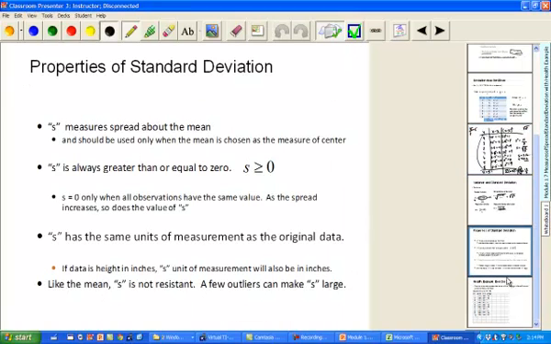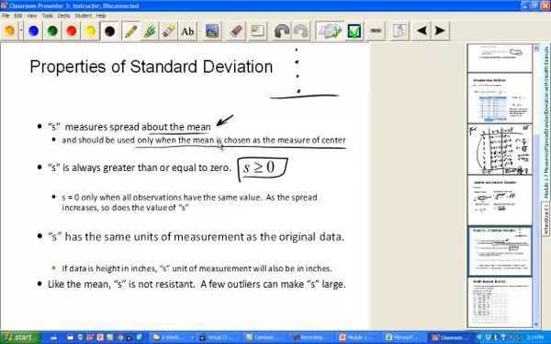Okay. So a couple of things about the standard deviation. It measures the spread about the mean and should only be used when the mean is chosen as the measure of center. Also, s has to be positive because s is a distance. Distance is never negative, so it has to be positive or it's 0. You can imagine a dot plot where s is 0 when all the values are exactly the same.